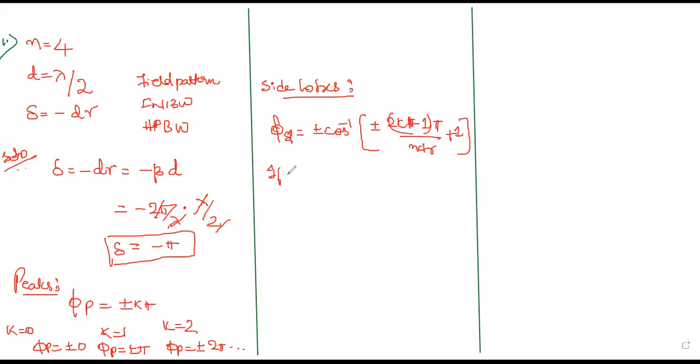Substitute k is equal to 0, the first condition. So phi SL will be equal to plus or minus cos inverse of plus or minus, if you substitute 0, pi by NDR plus 1. Now you know the value of n, you know the value of dr. What is the value of dr? What is the formula of dr?